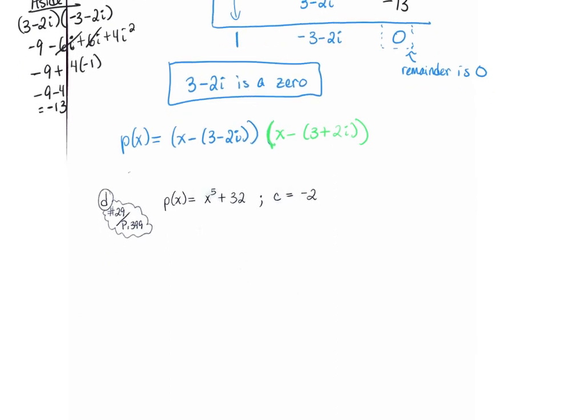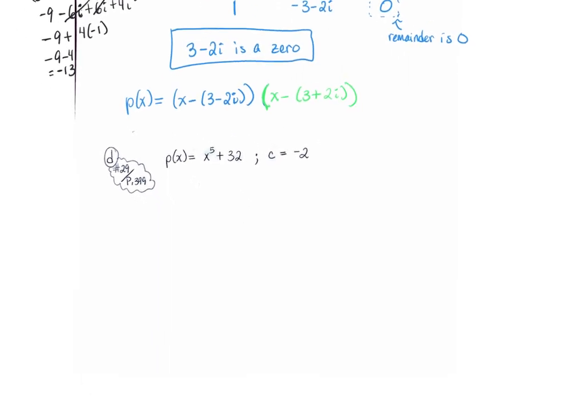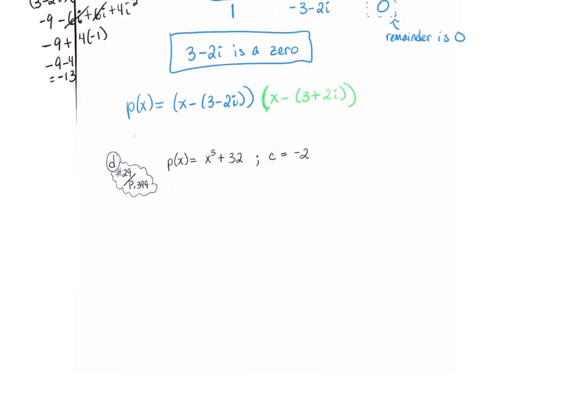So our last example is part D. We have P of x is equal to x to the 5th plus 32, and c is equal to -2. Notice that there is no degree 4 term, no degree 3 term, no degree 2 term for x, and no degree 1 term. So all of those coefficients should be 0.